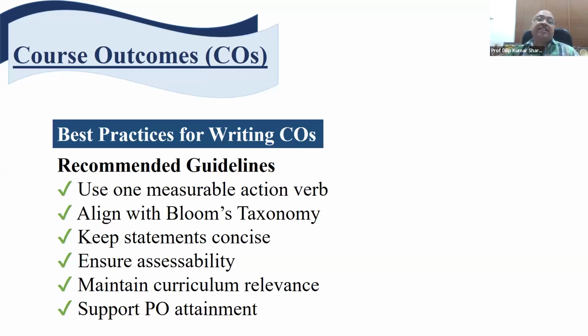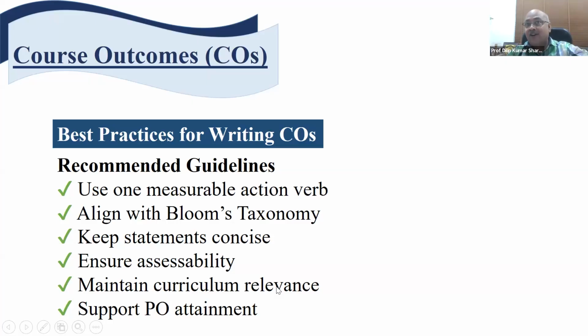So what are the best practices for course outcomes? Use one measurable action word for one course outcome, aligned with Bloom's taxonomy, which has 6 levels. Keep statements concise. Ensure assessability. Maintain curriculum relevance.